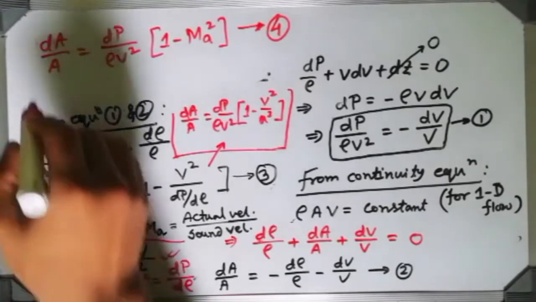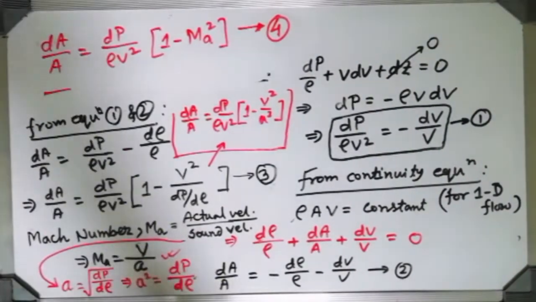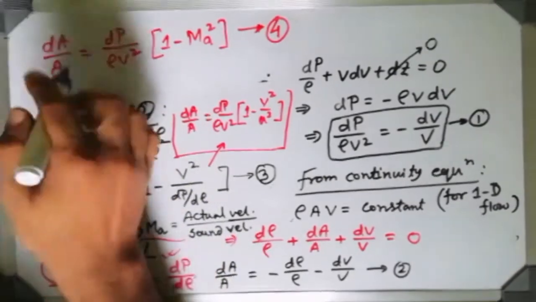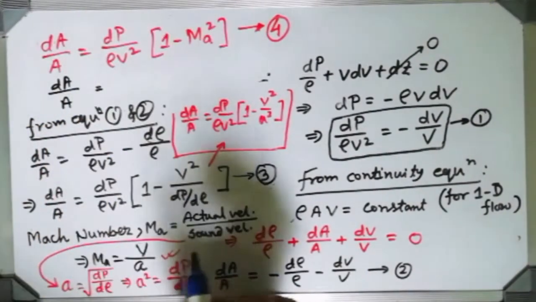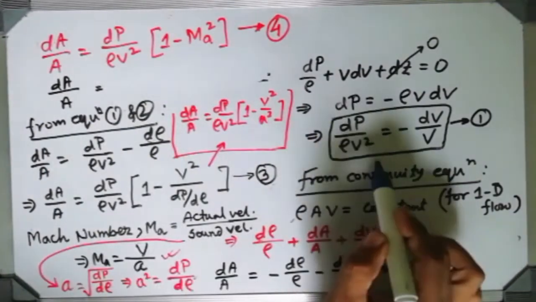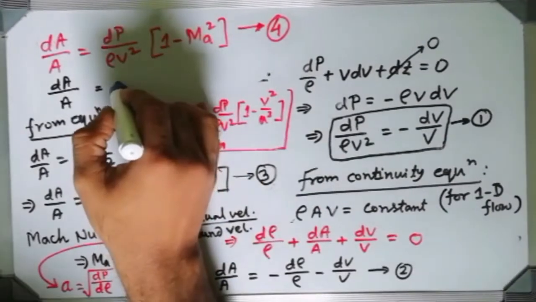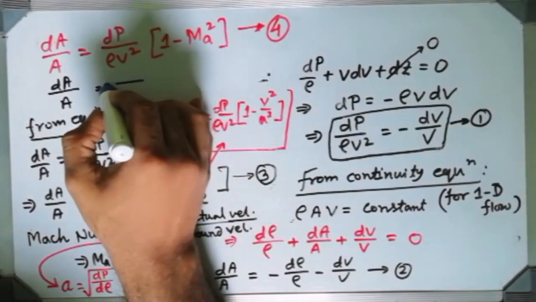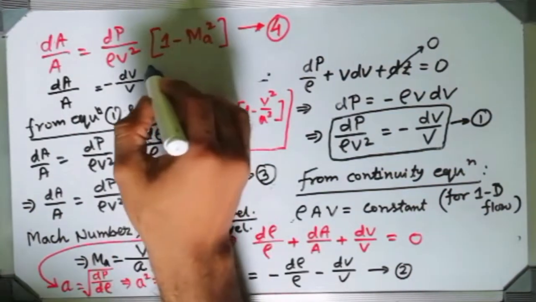And that same equation I can write like this also, write it with some different color. dA by A is equal to, see, dp by rho v square equals minus dv by v by equation 1. So I can replace it, minus dv by v, keep this part as it is.